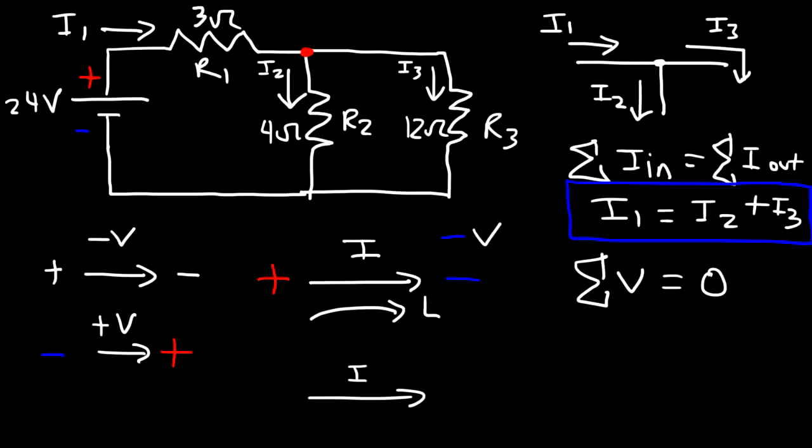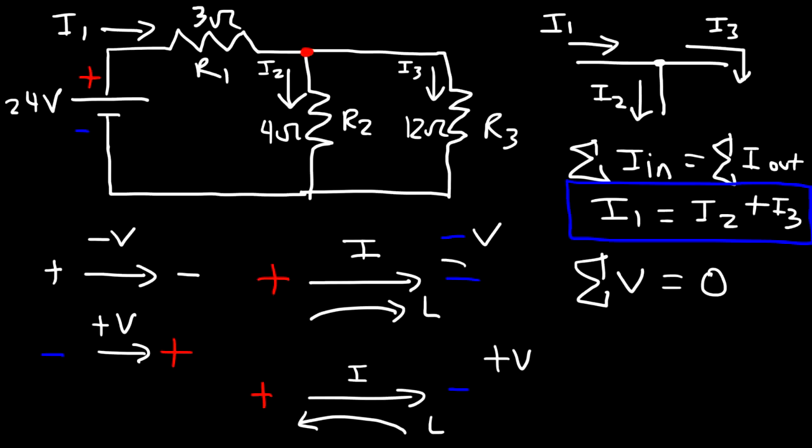So when using the loop rule, if you're going in the direction of the current, that's associated with a voltage drop. Now, if you're going opposite to the direction of the current, then you're traveling from a low potential to a high potential, which is what we have in this situation. So that's going to be associated with an increase in voltage, or voltage lift, because you're going towards a higher potential.